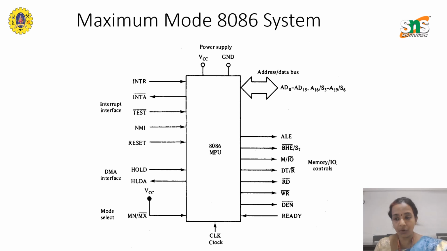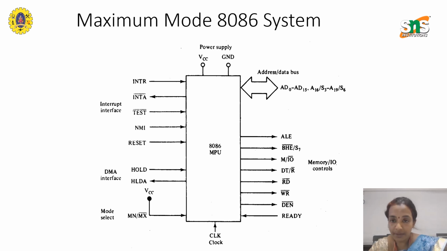Say, for example, if we want to connect another device or a keyboard or an output device or a display device or some control system with this microprocessor, then that interrupt has to be connected through INTR, interrupt signal. And once after connecting the interrupt device with the 8086 processor, we will be getting the acknowledgement through INTA, interrupt acknowledgement.